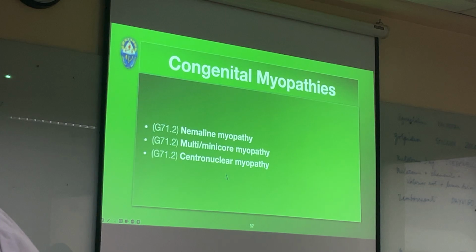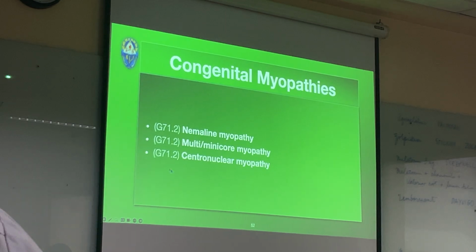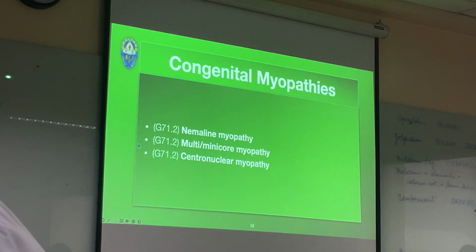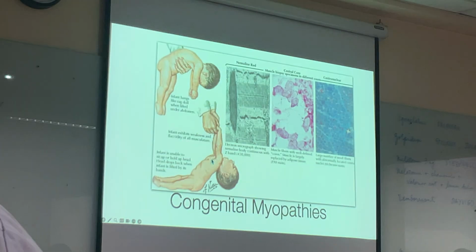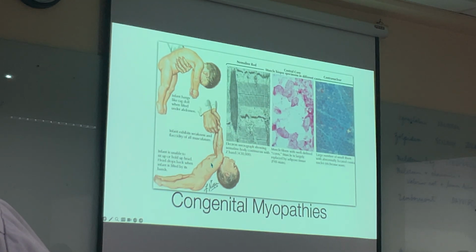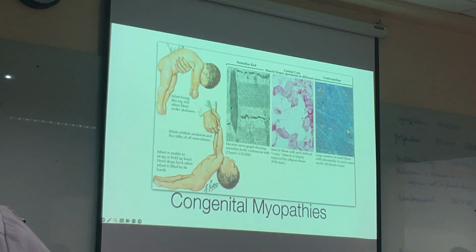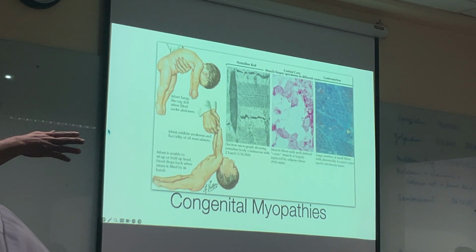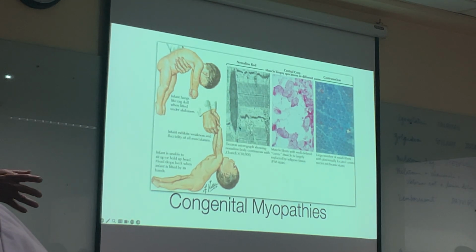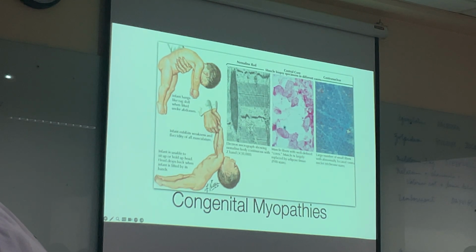Okay, these are diagnoses by electron microscopy. Okay, centronuclear myopathy, congenital myopathies. Okay, the flappy infant. Okay, where else did you hear the flappy infant? Motor neuron disease, Wernicke-Hoffmann disease.